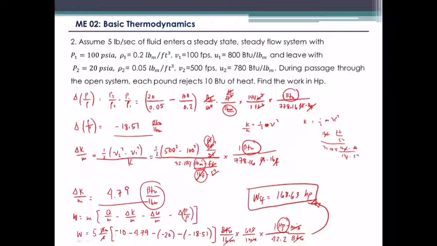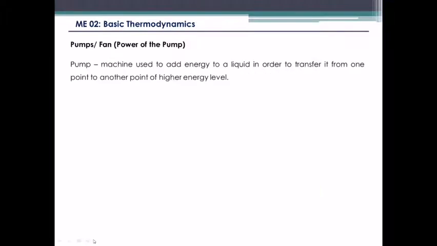Next, let us have the power of the pump. A pump is a machine used to add energy to a liquid in order to transfer it from one point to another point of higher energy level. So, that is basically a pump. I guess we already have an idea of what a pump is.